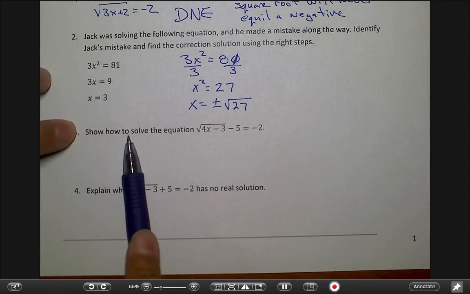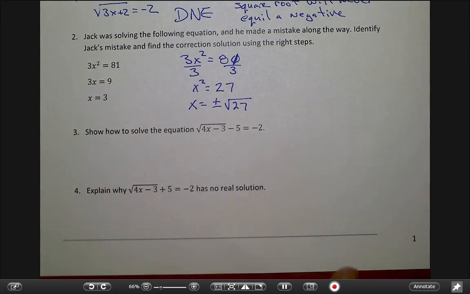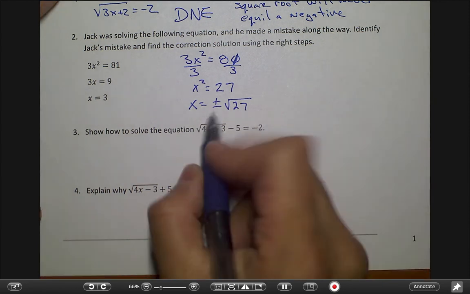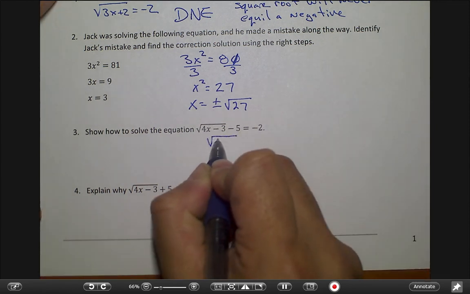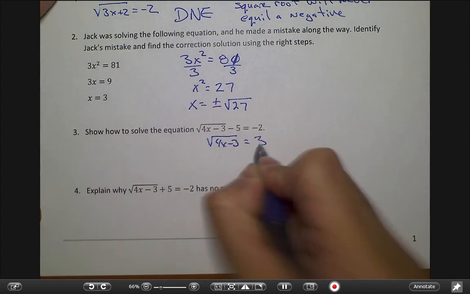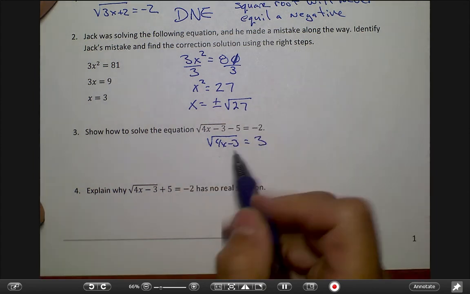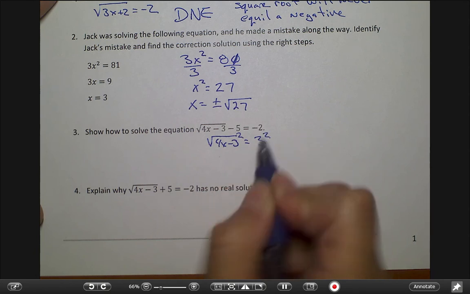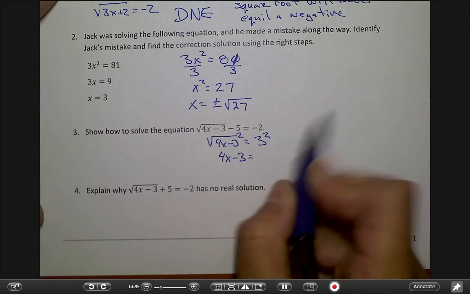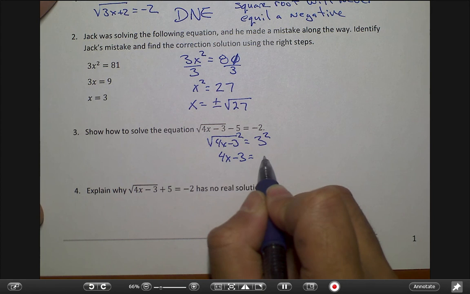This one right here, show how to solve. So it's basically doing the same thing that we have been doing. Show all your work, though. First thing, what do I do? Plus 5. So 4x minus 3 equals... Okay. Square both sides now. Minus 3 equals... 3 squared is? 9.